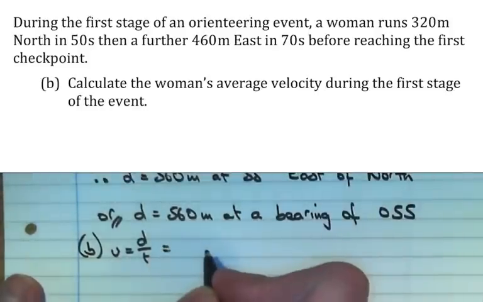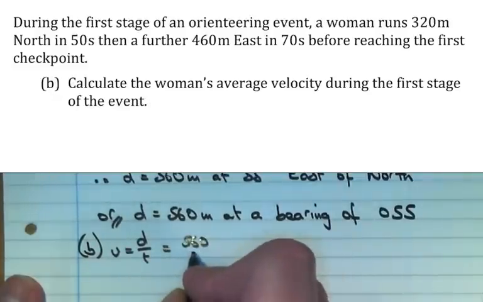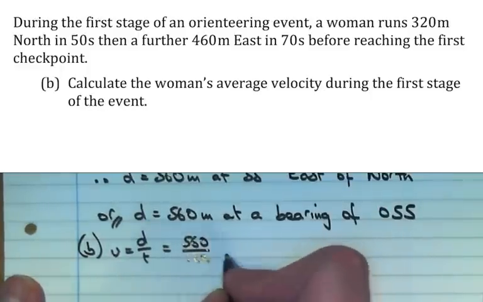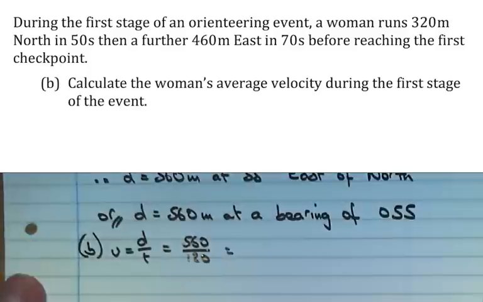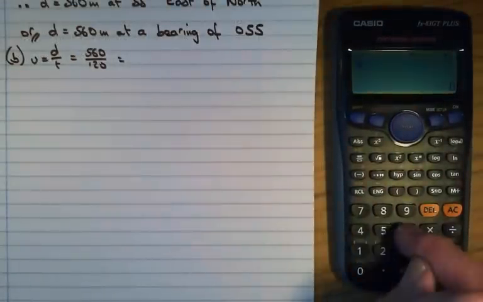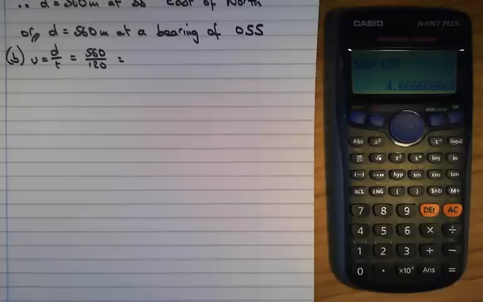So we have a displacement of 560 meters and a total time of 50 plus 70, which is 120 seconds. I'll go to the calculator: 560 divided by 120 is 4.66 and so on meters per second.